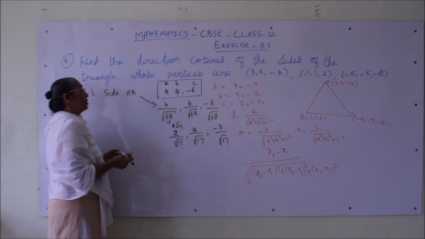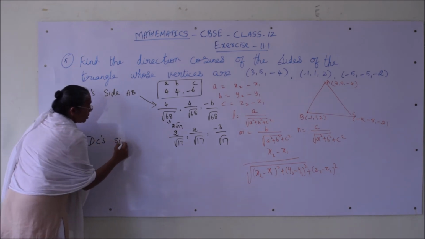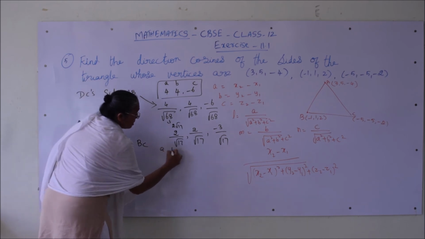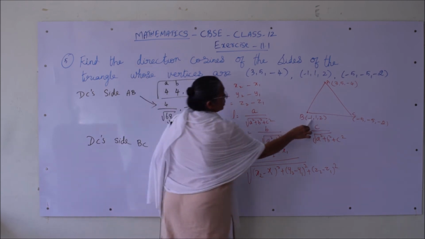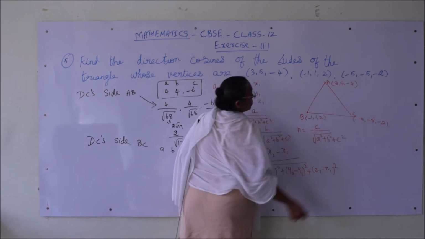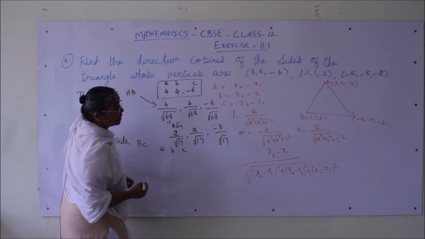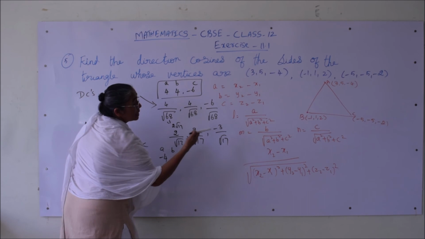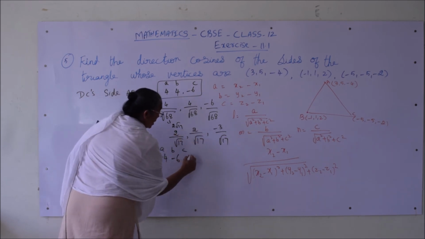Yes. Now next, similarly we can find the DCs of the side BC. First the DRs for the side BC: minus 5 minus of minus 1, minus 5 plus 1, is minus 4; minus 2 minus 1 is minus 3... so the values are minus 4, minus 6, minus 4.